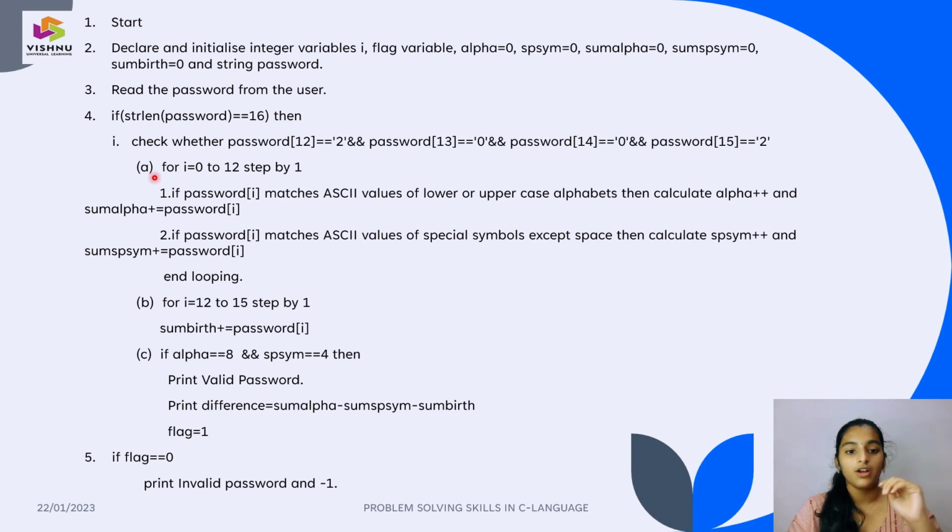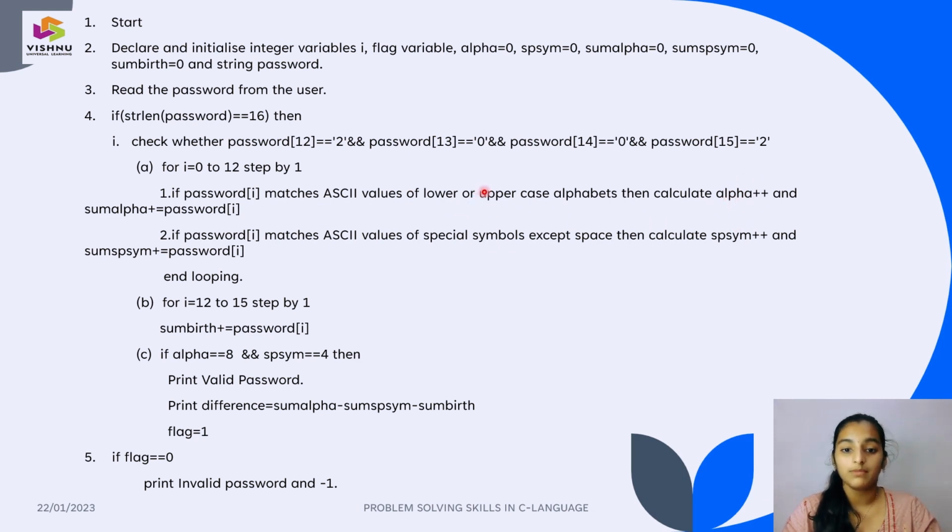Now we write a for loop in which we check if password[i] matches the ASCII values of alphabets, whether lower or upper, then we calculate alpha. Here, the alpha variable represents the number of alphabets present.